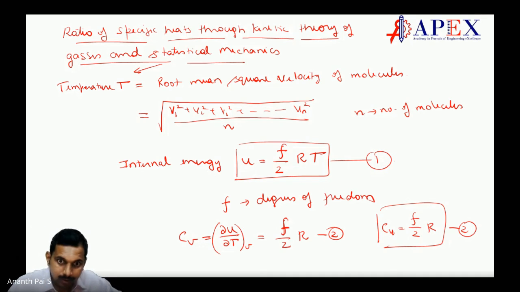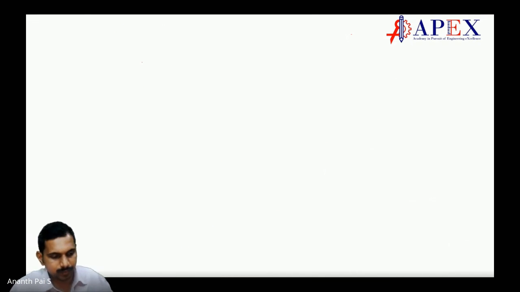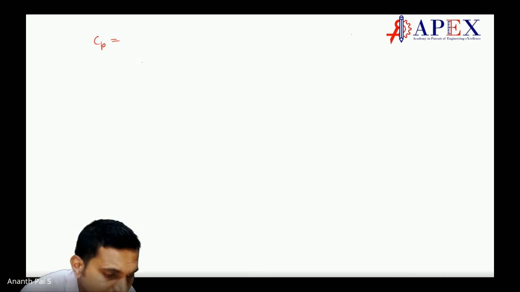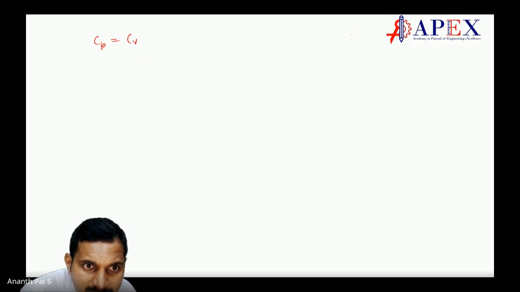Okay, good. So now let us understand this further. Similarly, Cp is equal to Cv plus R, we have derived it, is it not?